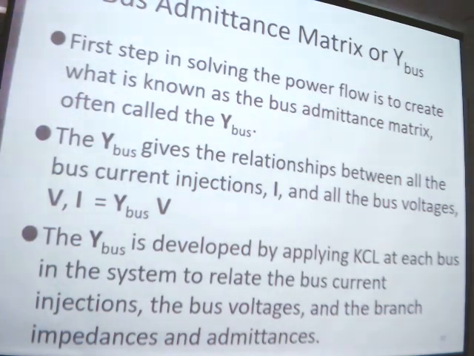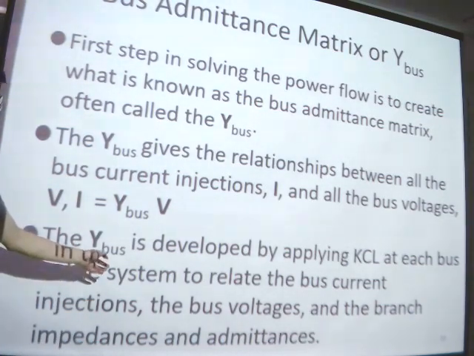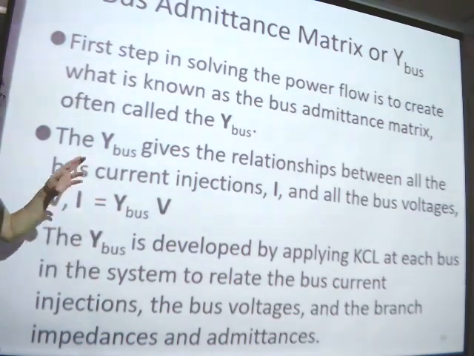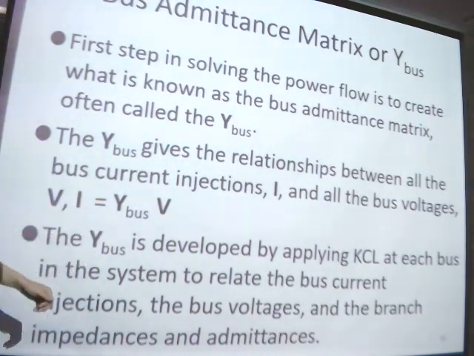So we use KCL. You know KCL, right? That you have learned in circuit theory. KCL and KVL: we use the KCL law to build the admittance matrix.